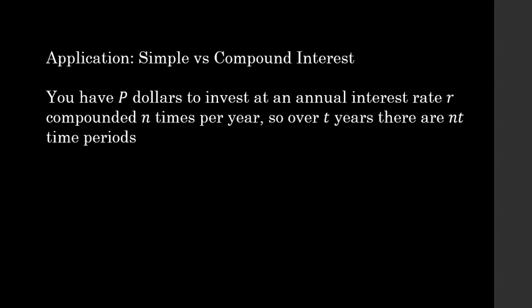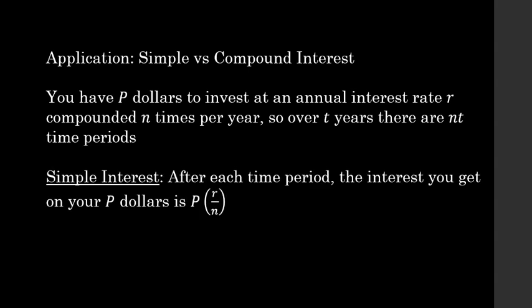So if you compound or calculate interest n times per year over the course of t years, there will be nt time periods, nt number of times that you have compounded or calculated interest.